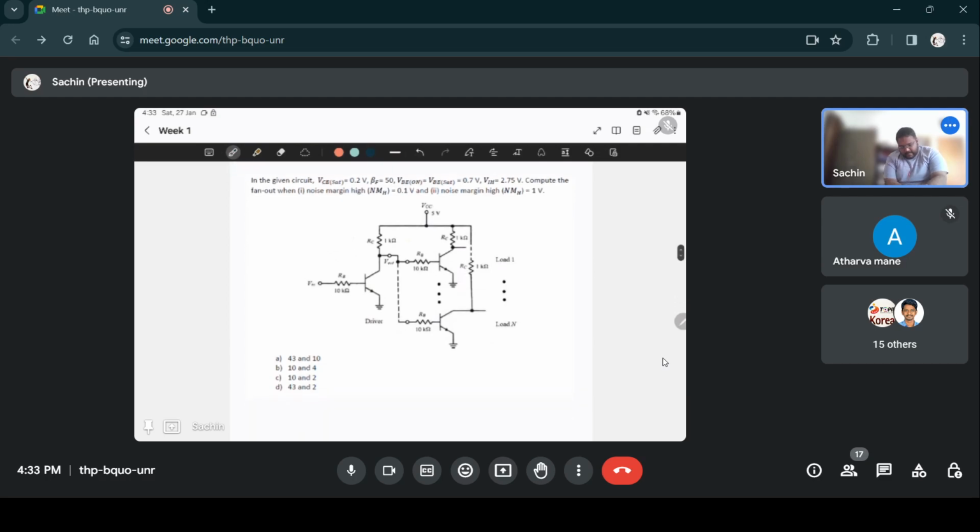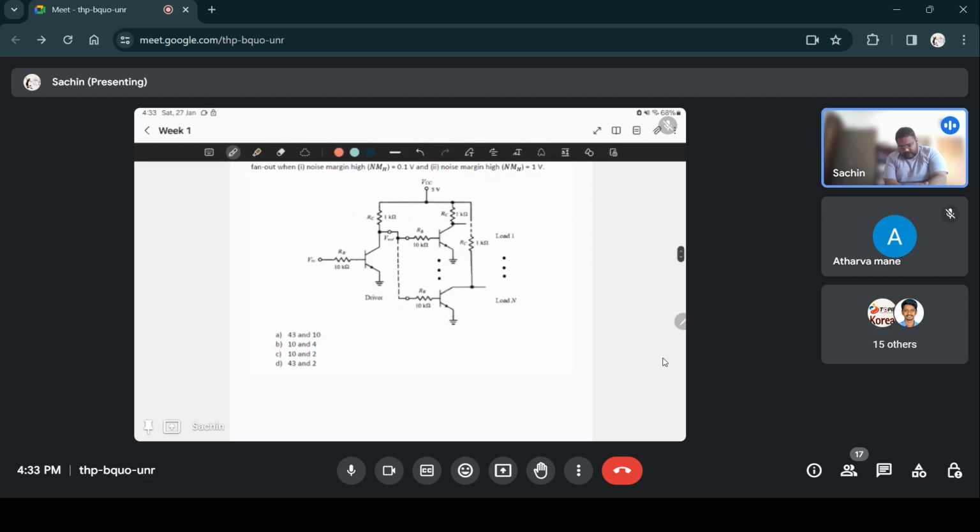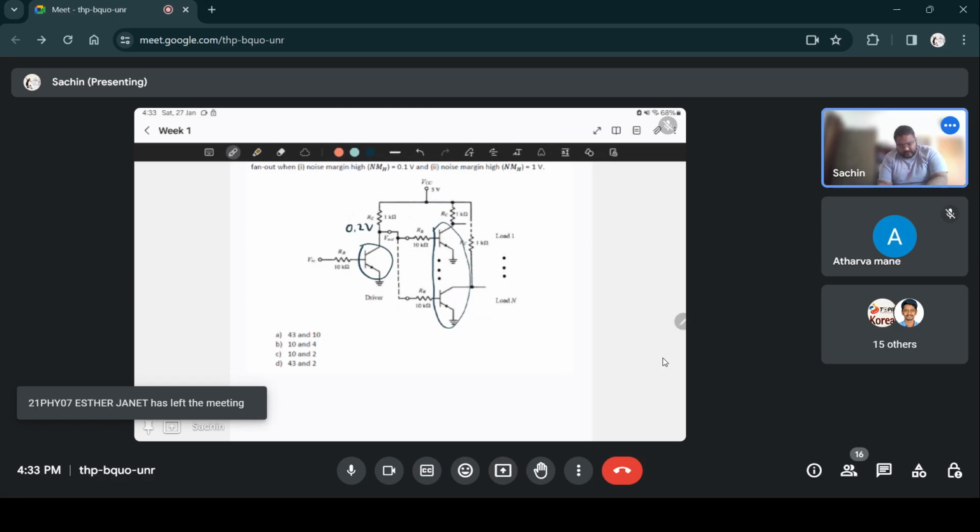Okay, so when the input is a high voltage, Vin is high, then this transistor will go into saturation and this Vout will go to 0.2 volts, which will be fed as the input to the other transistors here, the load transistors.